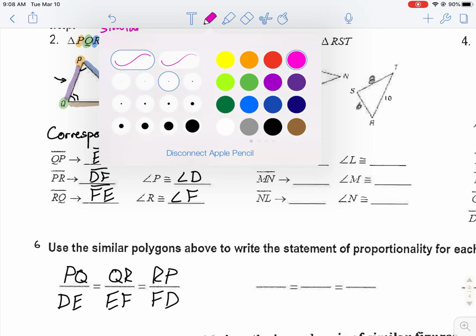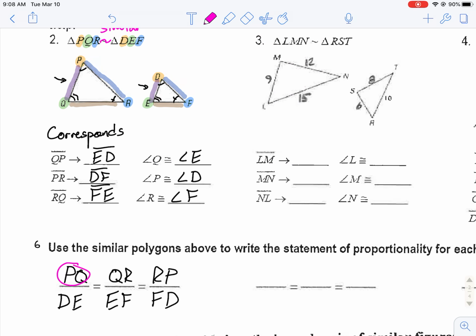Now you can use these to guide your thinking. PQ is up here, it matches up with DE, like I showed here. And then QR matches up with EF, and so on and so forth. So you can use a similarity statement if you're not given a picture to figure out what are your proportional sides.